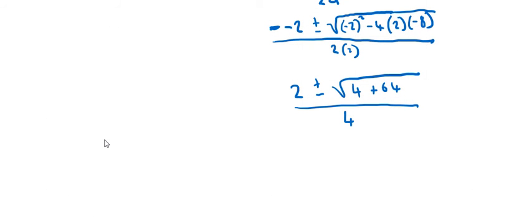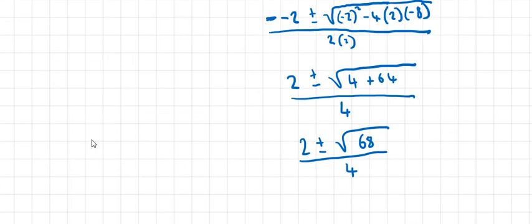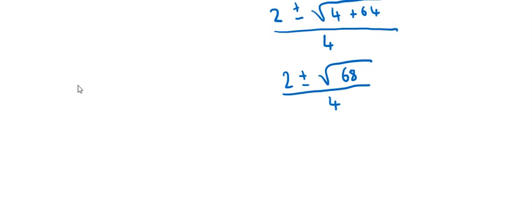So that's going to simplify down into 2 plus or minus the square root of 68 all over 4. At this point I can't really simplify much further from what I know already, so I have to look at what this plus minus thing means. You might not have seen this before. Basically it means that it could be plus or it could be minus, so we're going to get two options.